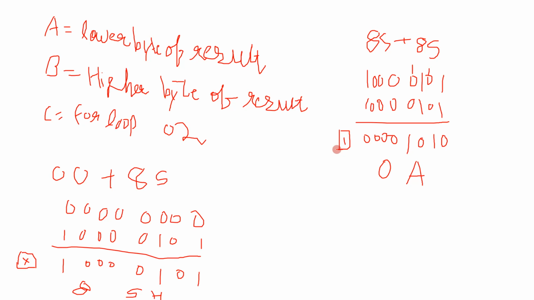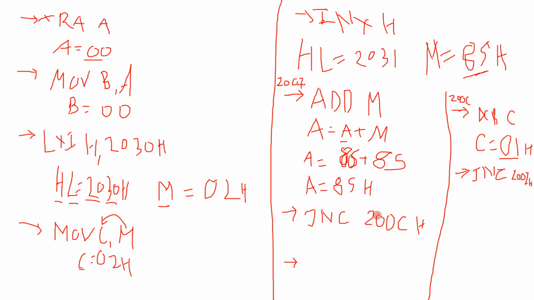We got here a carry. What if we get the carry? In the previous example, when we added 5 9 times, we didn't get the carry. But here we got the carry. So the answer which we will have is here 0A. In accumulator, the result will be 0A.